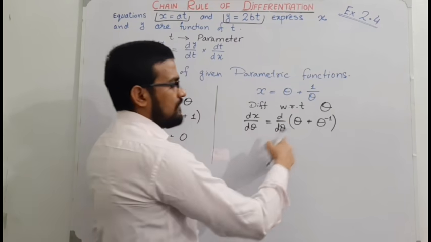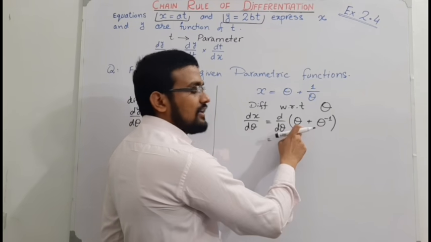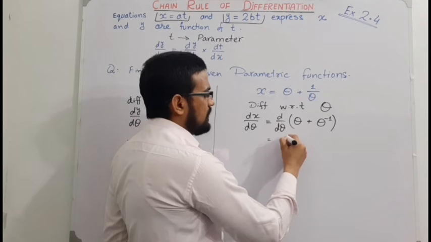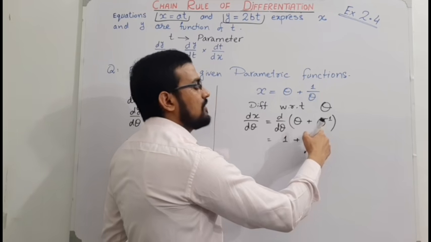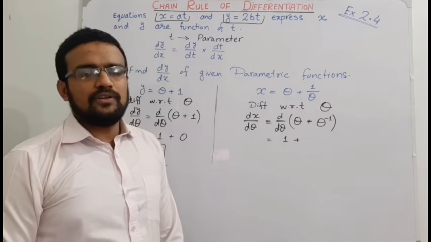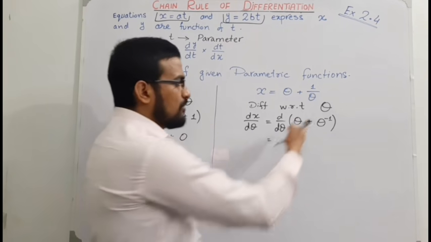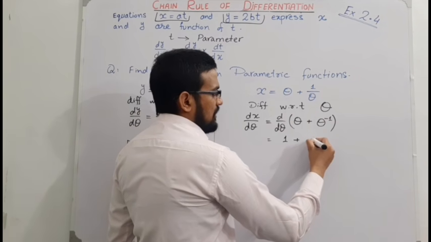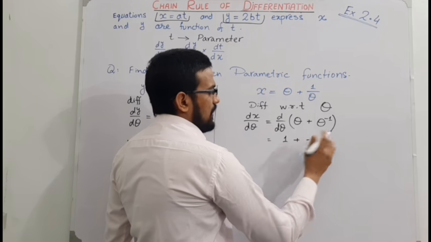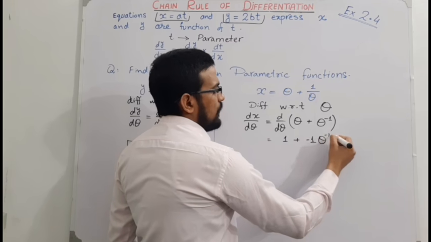And then the derivative of theta is 1 plus theta raised to power minus 1. According to the power rule, minus 1 becomes a multiple and the power decreases by 1.